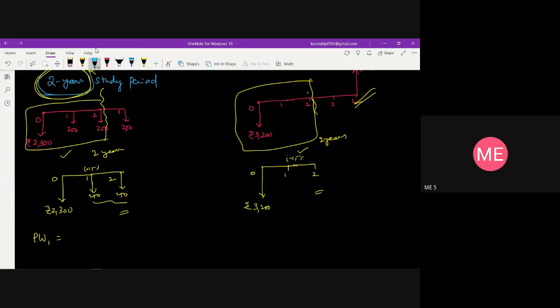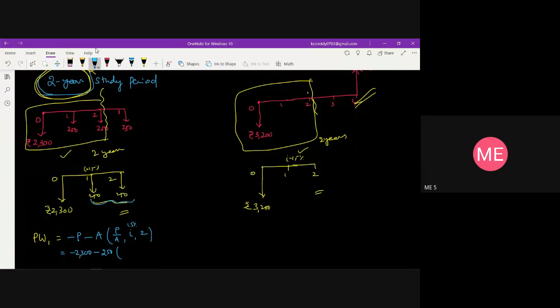So in this case, minus P, that is minus A, the annuity is given because this is a uniform series of payments, and what we are finding is P, for the given A, i comma N. N here is going to be 2 years. Then if I substitute, minus P is minus 2300, the annuity is 250 rupees, and the factor is for i equal to 15%.